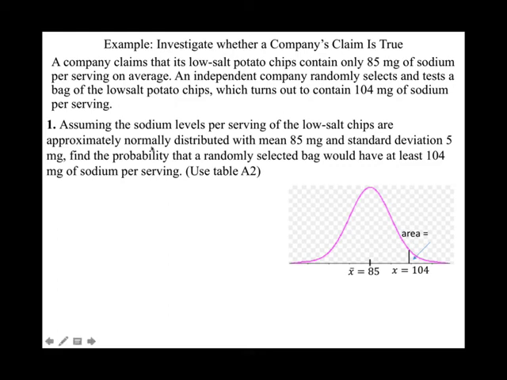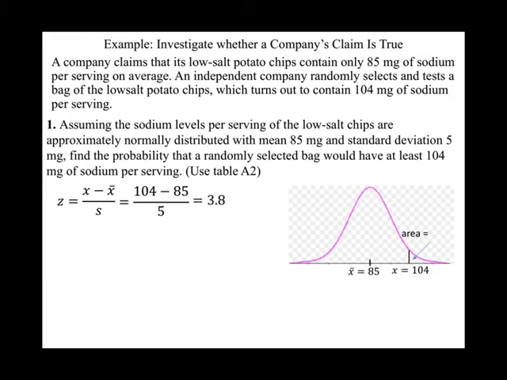Okay, now we want to use the table A2 and we have the x. So first step, you want to find the z-score. You have the x, find out the z-score, so plug it in. You should get 3.8 in here.